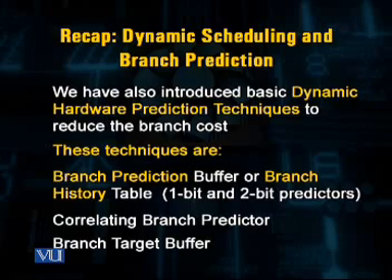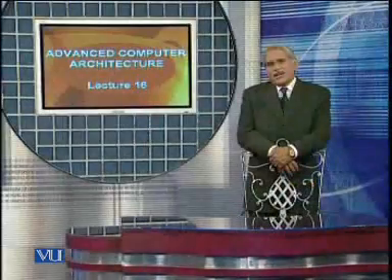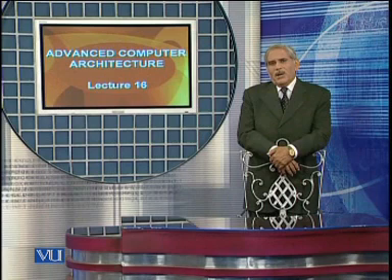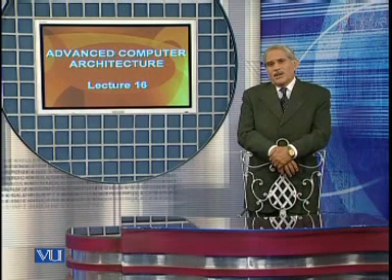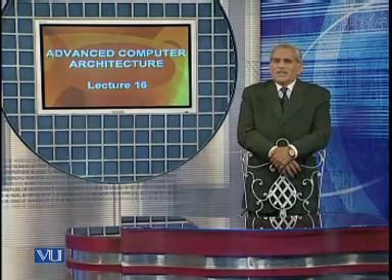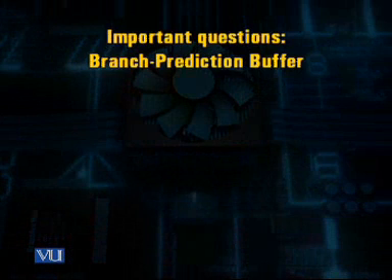Let us first of all consider the branch prediction technique, where we discussed that the branch prediction technique can employ a branch history table which contains either 1-bit information or 2-bit information. But there are two important questions which arise when we talk about the branch prediction buffer.